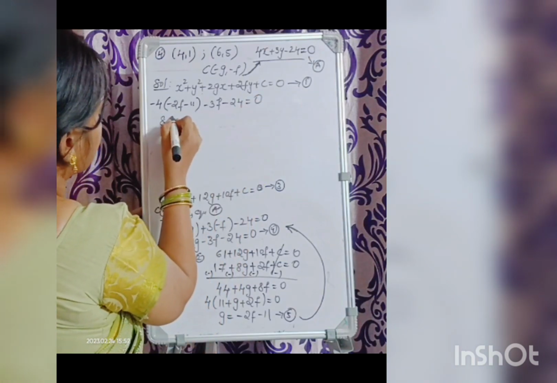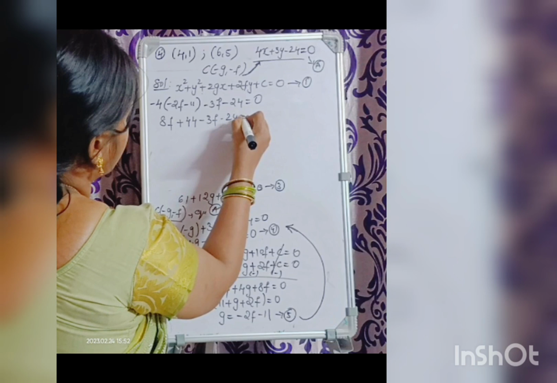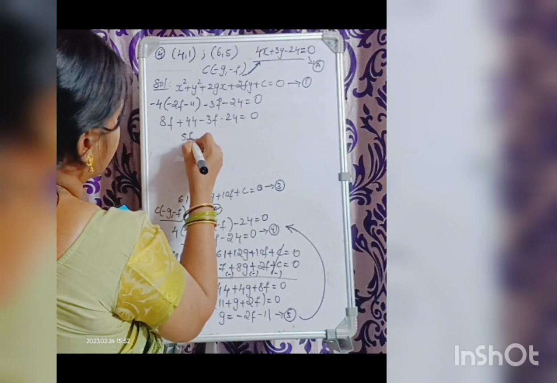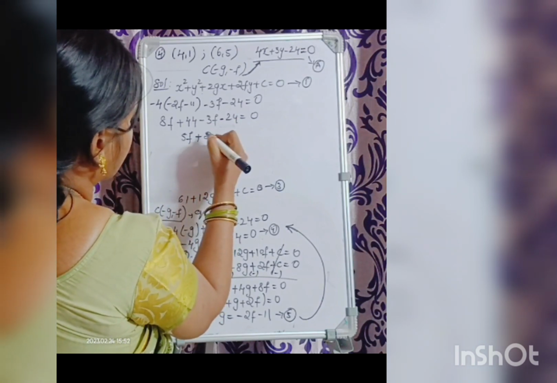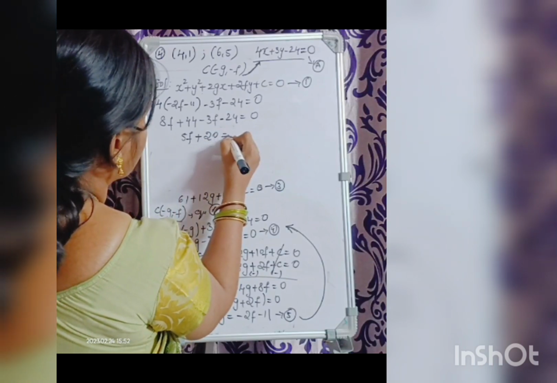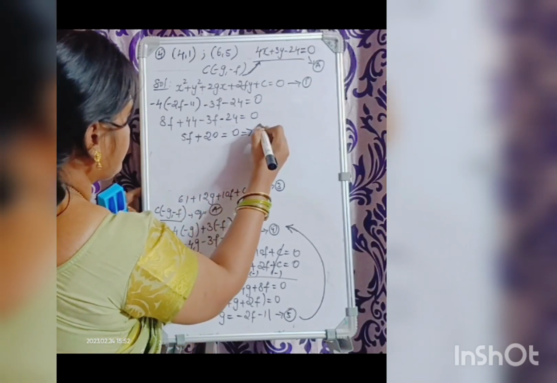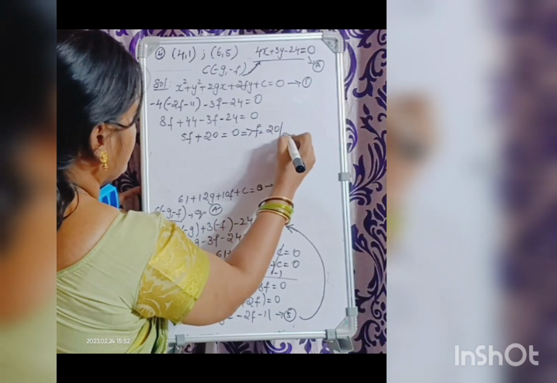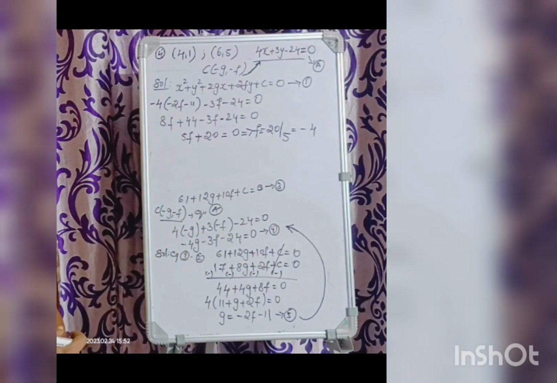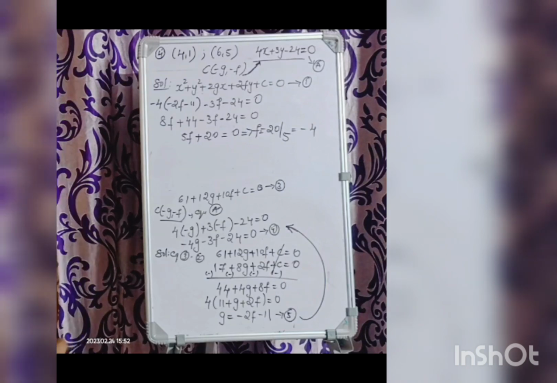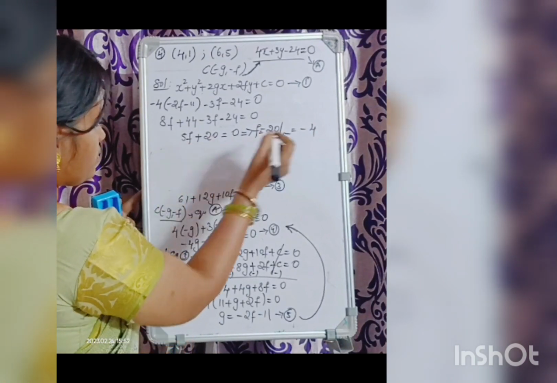So minus into minus is plus, 8f plus 44 minus 3f plus 24 is equal to 0, or simply it is 5f plus 20 is equal to 0, so f is equal to minus 20 by 5, which is minus 4. Understood? So now we got the f value.